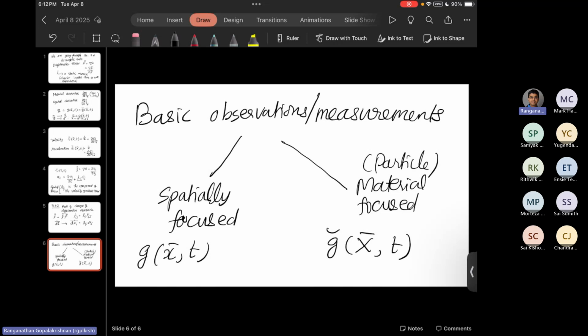The simplest example we came up with is tracking a baseball as it goes across the park. You are tracking the position of the particle. Of course, the baseball happens to be a rigid body, so it doesn't change shape. So the uppercase X is just a point. But if X can deform, it can be a droplet or a piece of metal that is changing shape, then it would be a material-based or material-focused observation.